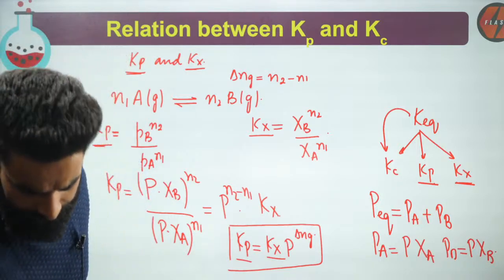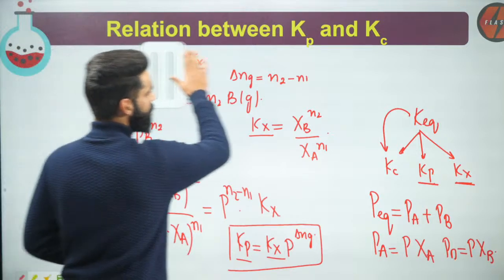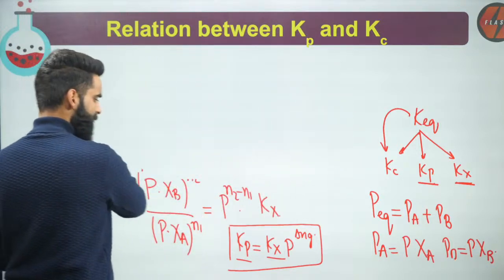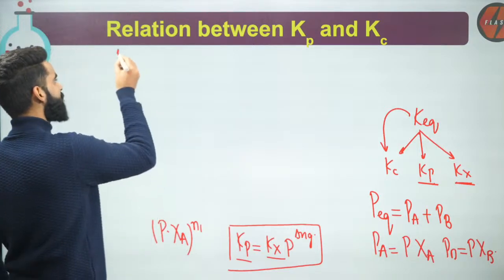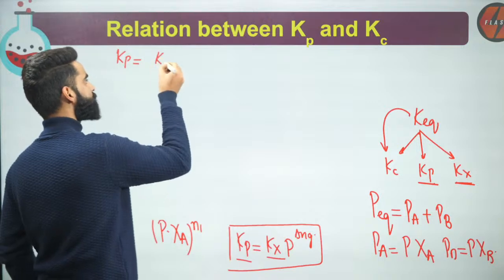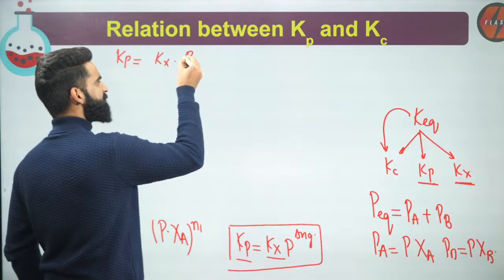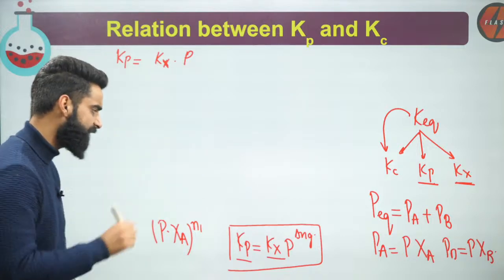All right. Moving on. Let me first of all give you the logarithmic form of this as well. See guys, I got the relation between Kp and Kx as Kp is equal to Kx multiplied by P to the power delta Ng. This P is the total pressure of the mixture at equilibrium.